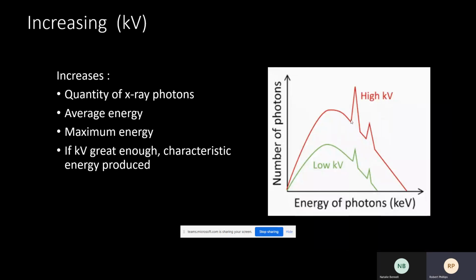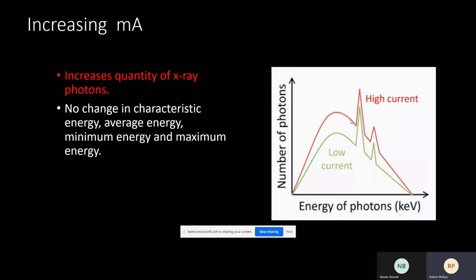Whereas when we increase the tube current or mA, there will be an increase in the quantity of X-ray photons only. No change in characteristic energy, average energy, minimum energy, or maximum energy. So if we want to increase the number of X-ray photons, we must increase tube current.